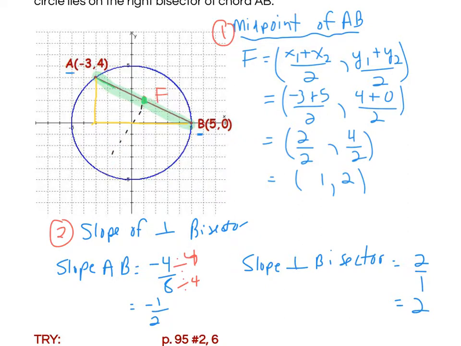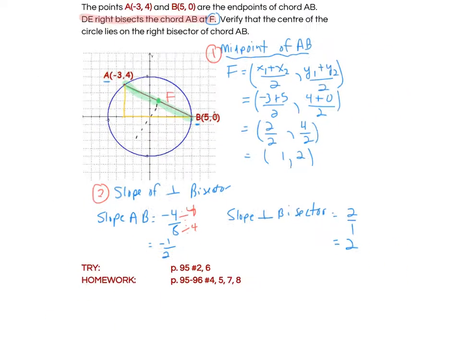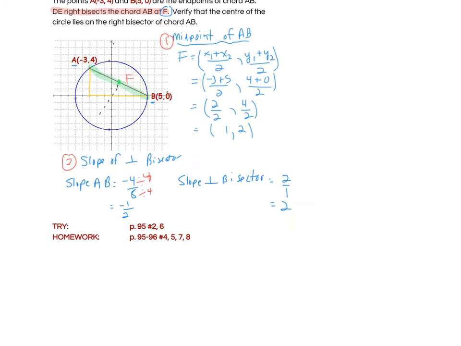The next thing I need to do is come up with an equation for that line and then see if this point 0, 0 actually works for that line. That's where I'm headed. So let me give myself a little bit of space here.